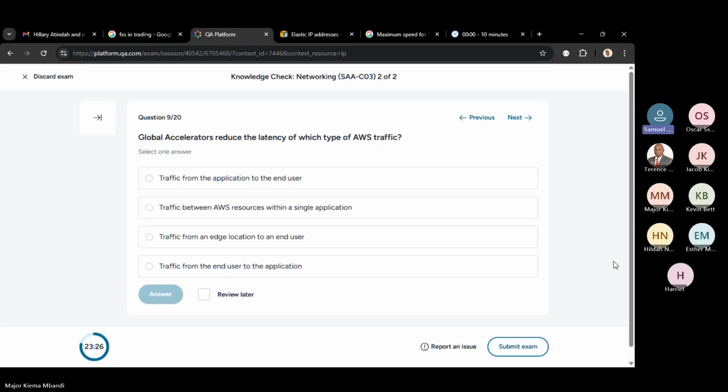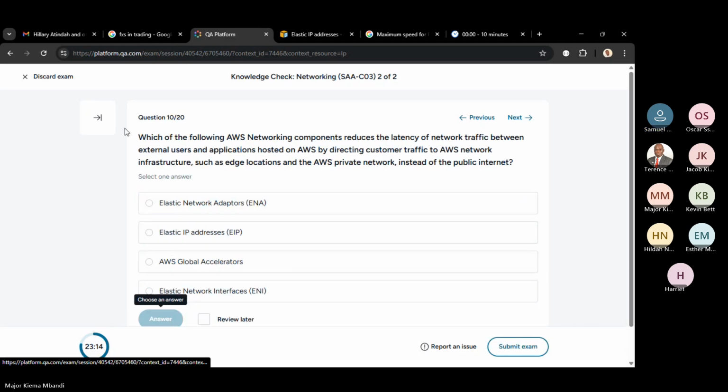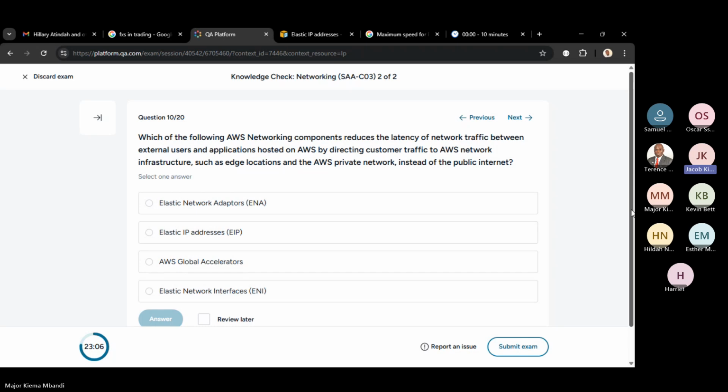Global Accelerator reduces the latency of traffic from the end user to the application. Yes, D. D. Okay, next question is Harriet. So Harriet, you can take us on.